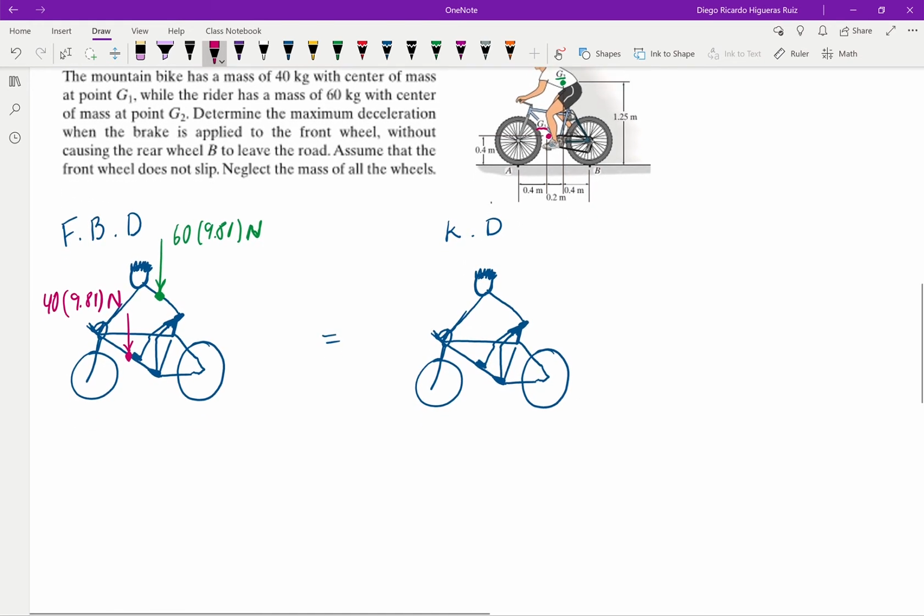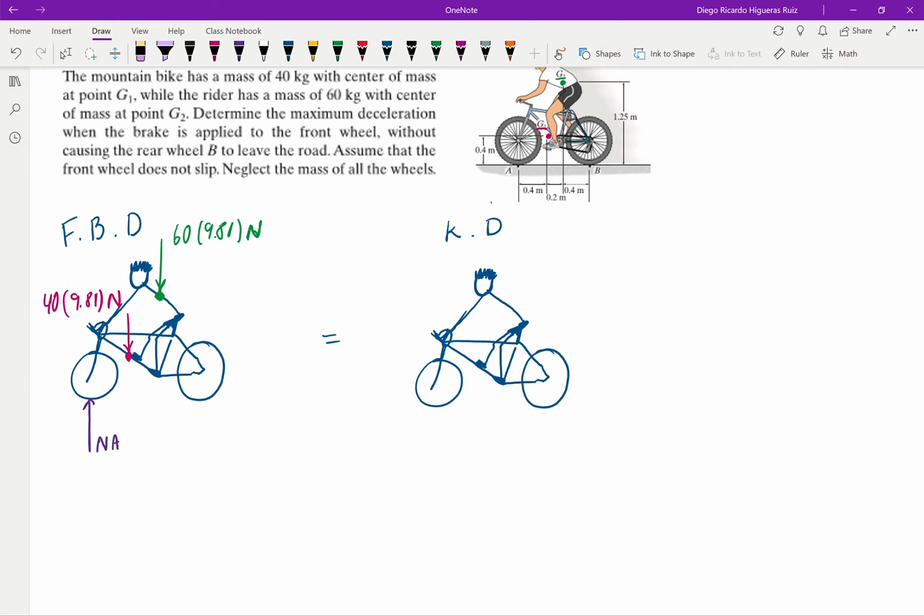So we're going to have two reaction forces. One on the front wheel, which is NA, and this is given by the problem with this distance. We need to keep that in mind because we will need it to calculate moments, but I'm just going to draw the forces in here.